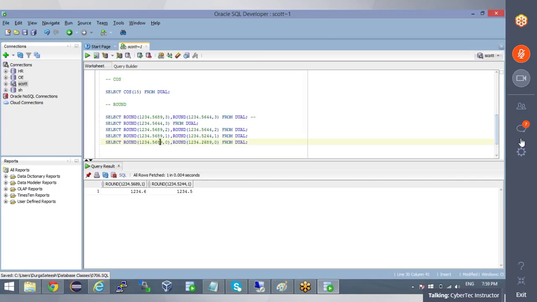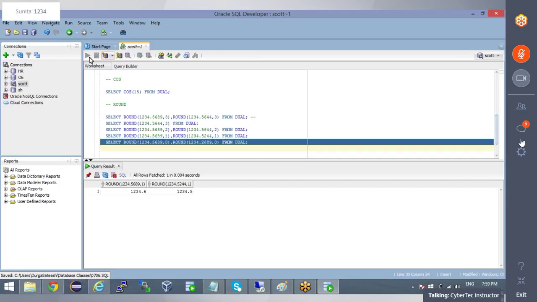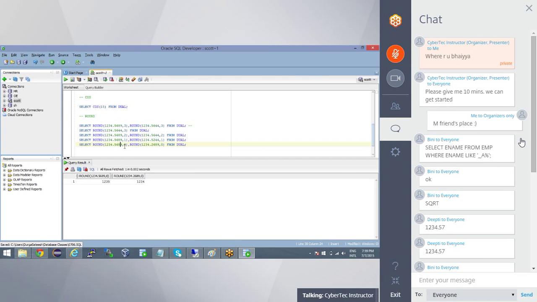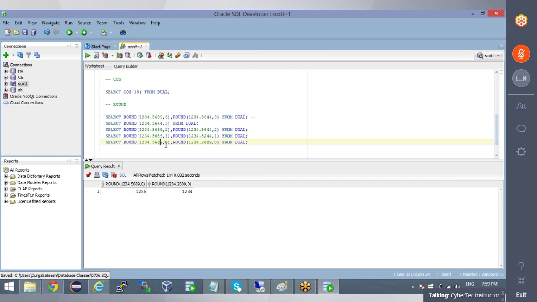All right. Now, what will be the output? 1, 2, 3, 5, first one. Okay. What about the second one? Perfect. When you say 0, it means that you do not need any digits after your decimal point.